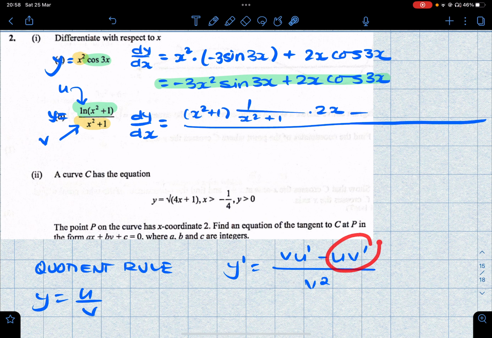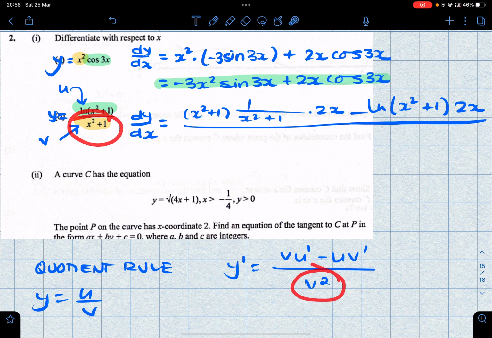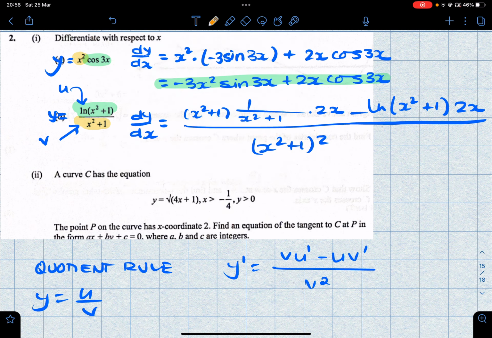Then you've got u v dash. So u is the log, no change. And v dash is the derivative of that, that's just 2x. And the denominator is v squared, so it's that squared, x squared plus 1 squared. Now we can simplify a little, because it looks like that's going to cancel with that.